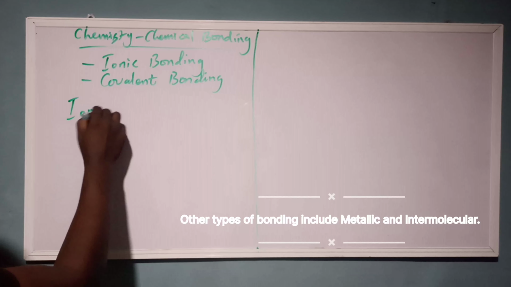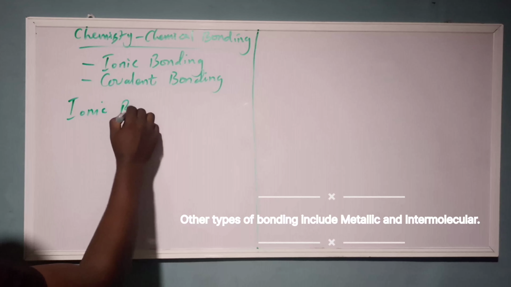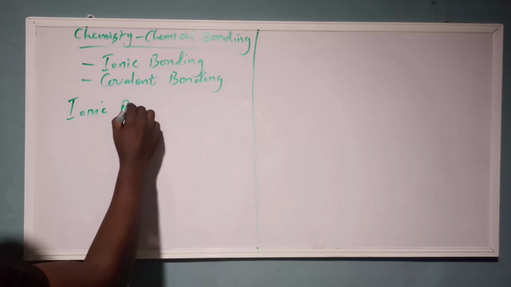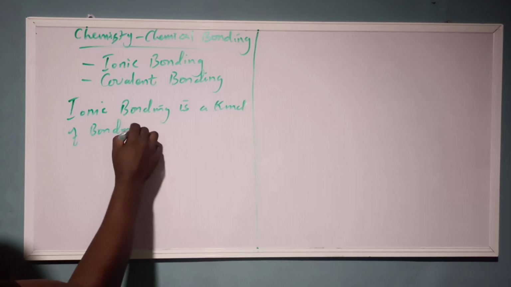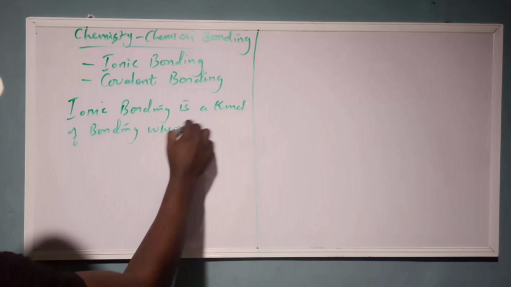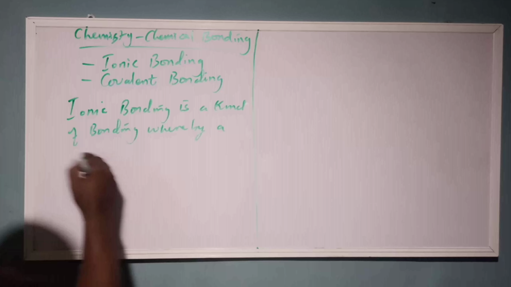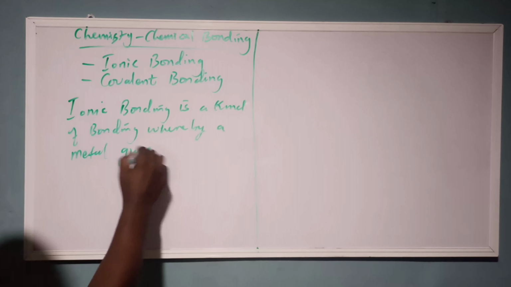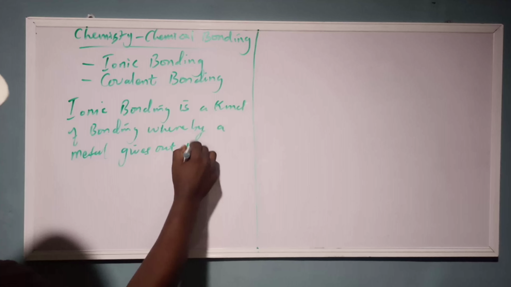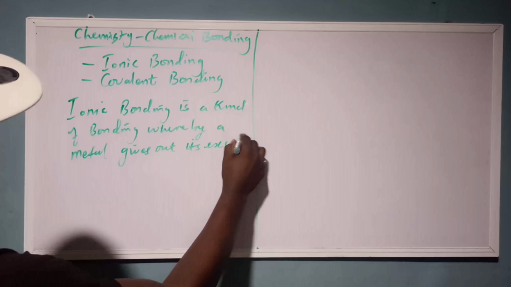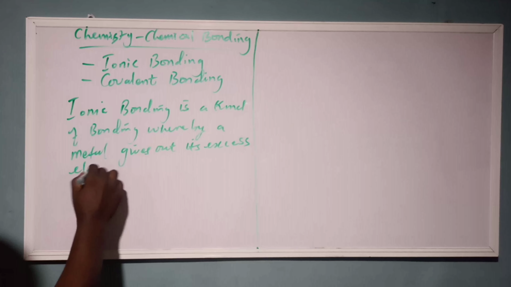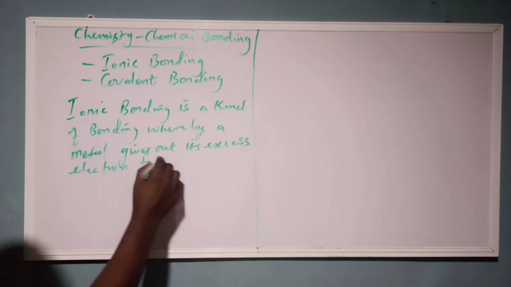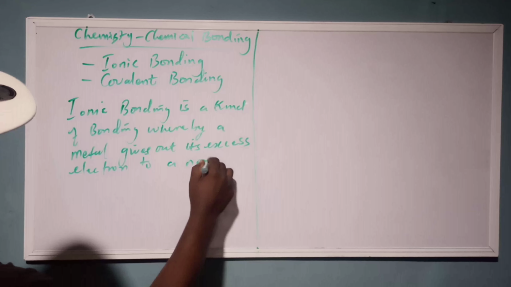Let me just write a little note. Ionic bonding is a kind of bonding whereby a metal gives out its excess electron to a non-metal.